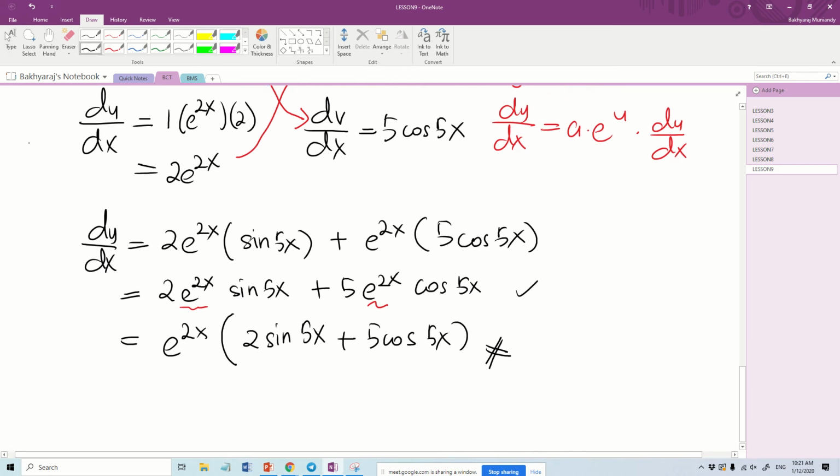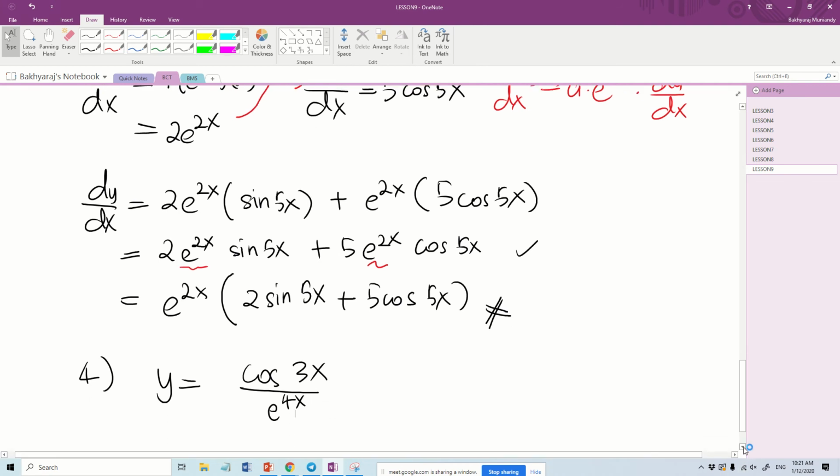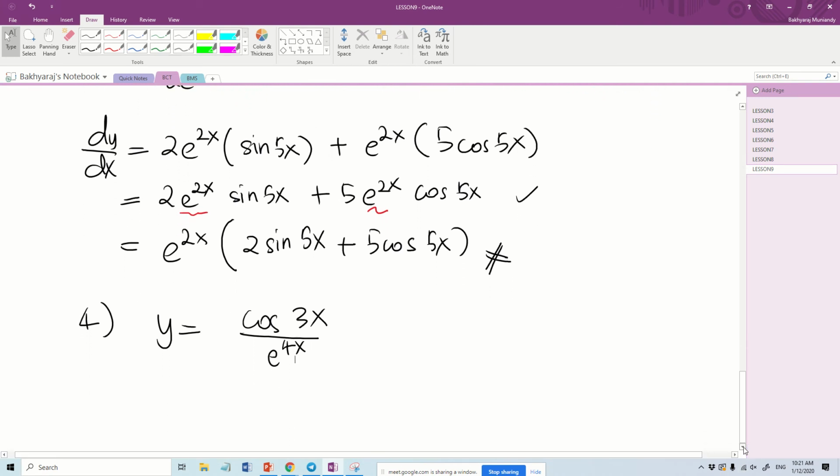Okay, next I go for number 4. Number 4, y equals cos 3x divided by e^4x. Try this. Okay, so to do this, definitely you need the quotient rule.